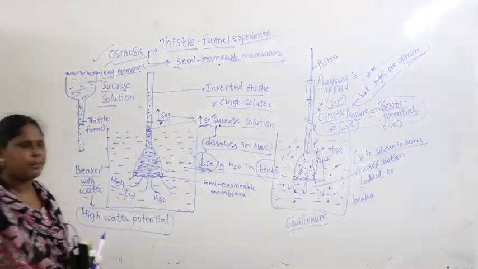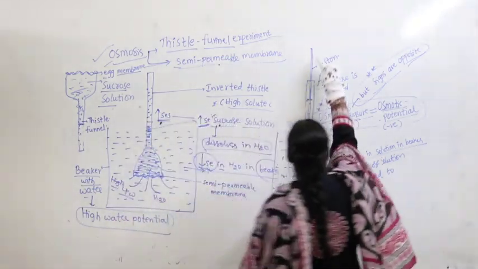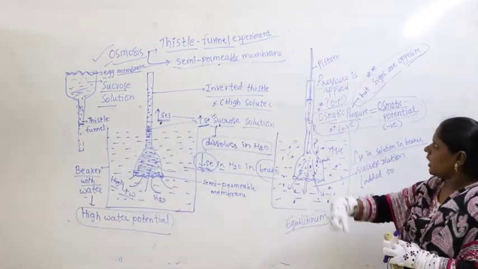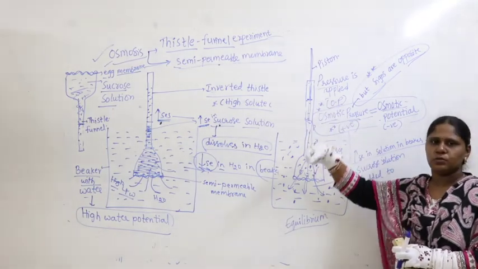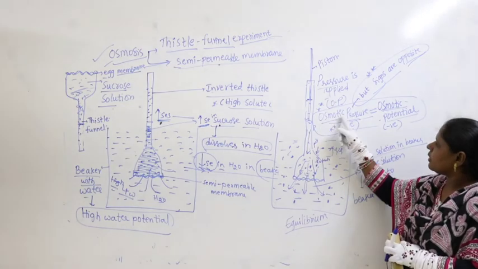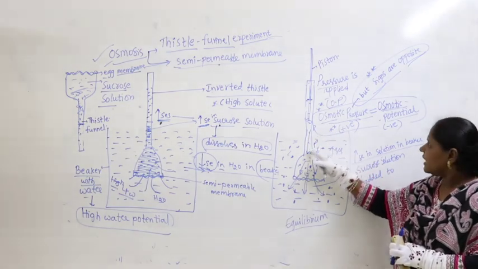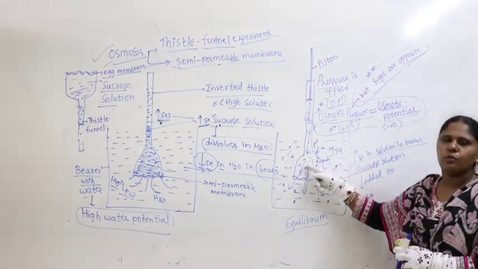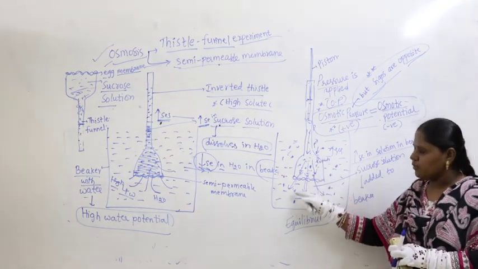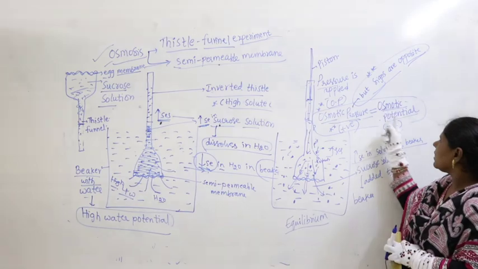After some time what happens? When the piston is kept on top of the thistle funnel and pushed down, the piston makes the sucrose solution move. Some pressure is applied, which is called osmotic pressure. With that comes the potentiality, the ability to move particles from the thistle funnel into the beaker. The potentiality of osmosis is called osmotic potential.